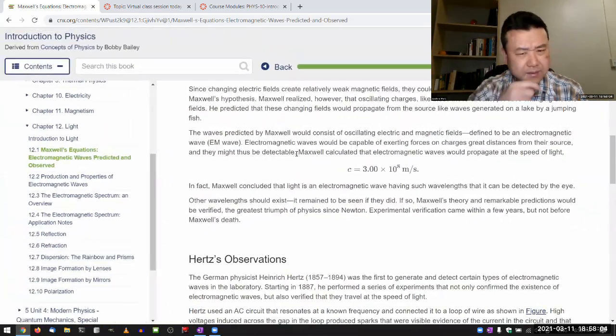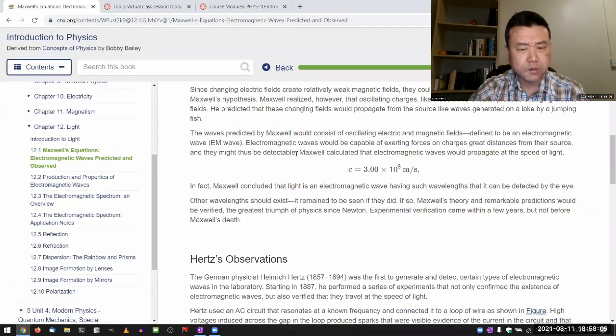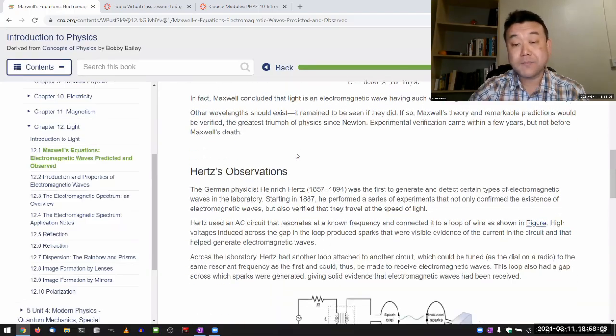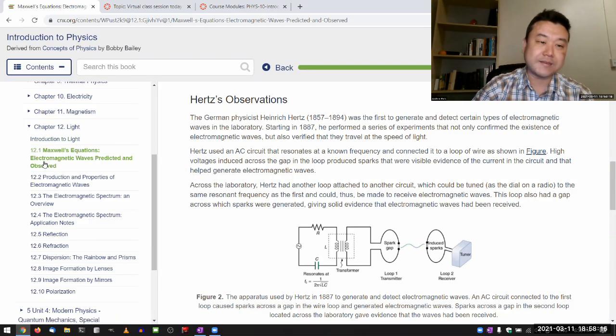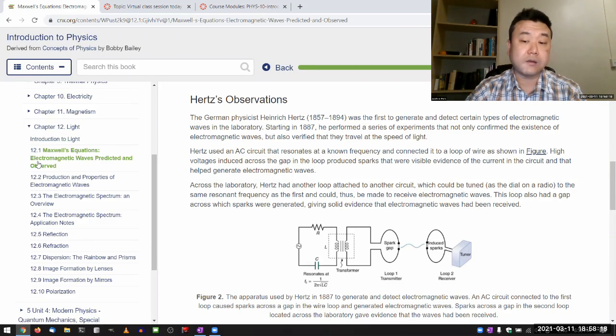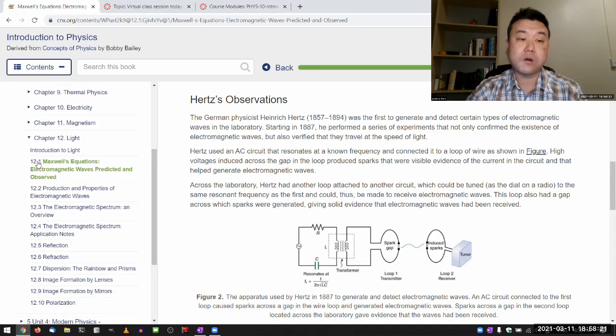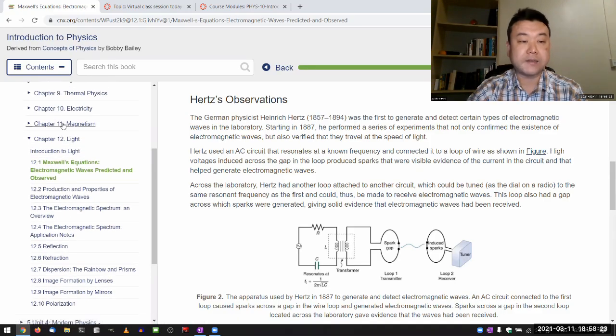I don't think he saw his prediction confirmed before he died, but it was not long after it was confirmed. And so we lead the chapter on light with this section to highlight how light unifies our theory of electricity and magnetism.